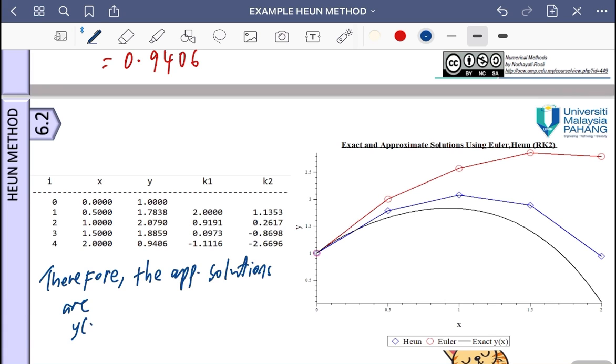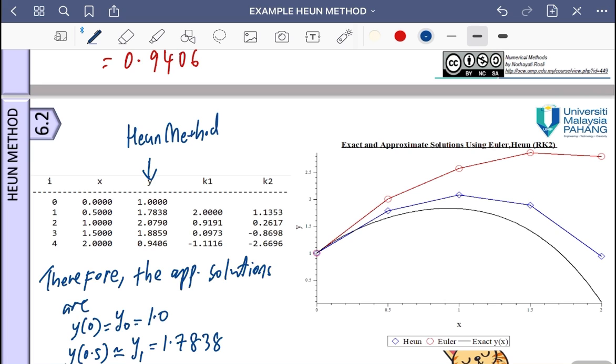At x equal to 0, y0 equals 1.0. For x equal to 0.5, we obtain by using the Heun method y1, which is 1.7838. You may refer here; this is the approximate solution by using the Heun method.